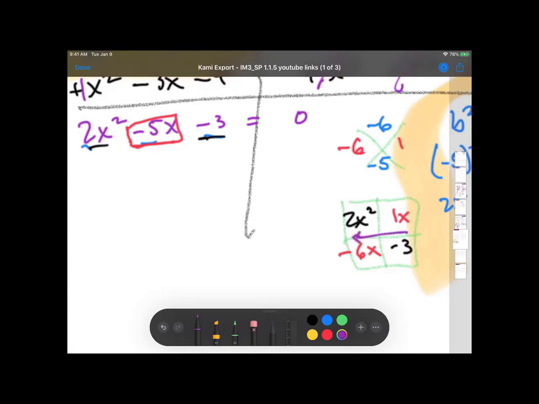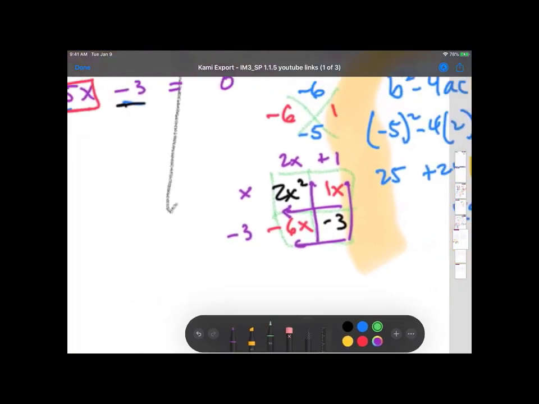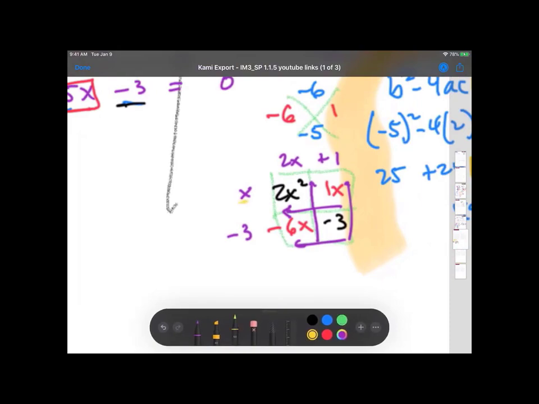Alright, greatest common factor here. They have an x in common, this direction, negative 3. Going in this direction, greatest common factor is 2x. And then this direction, if you can't think of anything, it's a positive 1. Go ahead, check your answer. X times 2x is 2x squared.